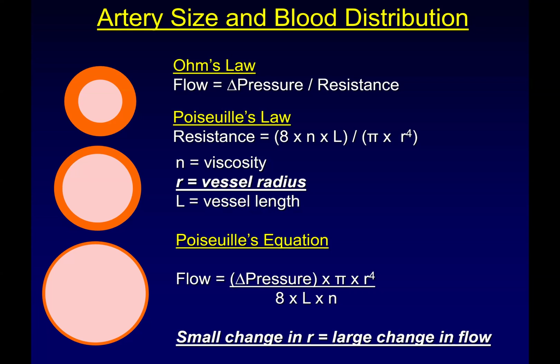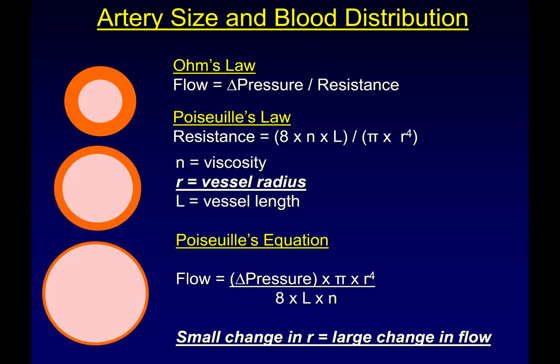So when you put those things together, using what's called Poiseuille's equation, it equates to flow. Blood flow to a tissue is equal to the difference in pressure from the aorta or the left ventricle to that tissue, multiplied by pi times the radius of the vessel to the 4th, divided by our constants, which are the length of the vessels and viscosity and 8.